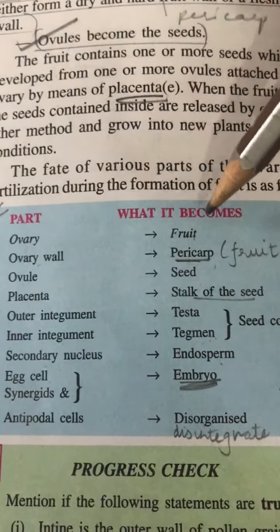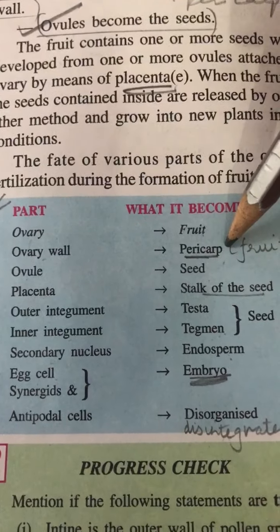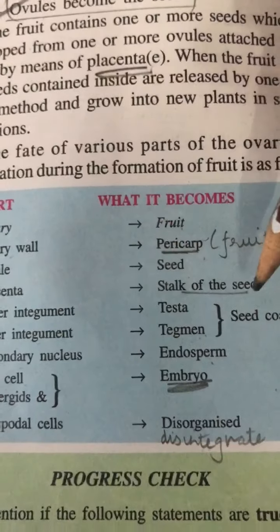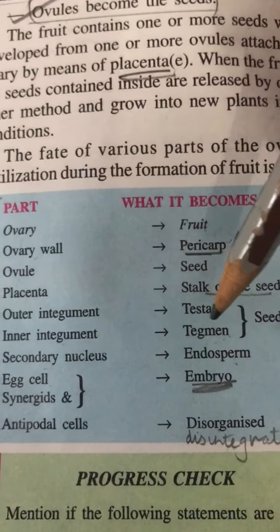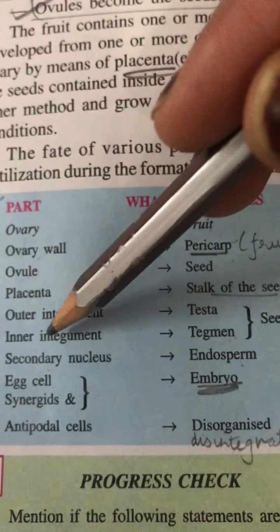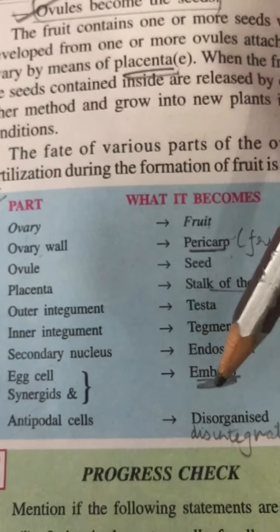So you have to tell which part becomes what: ovary to fruit, ovary wall into fruit wall, which is called pericarp, ovule to seed. There is a placenta present here attached to the stalk of the seed, outer integument to testa, inner integument to tegmen, secondary nucleus which is formed by two polar nuclei into endosperm, the egg cell into embryo.